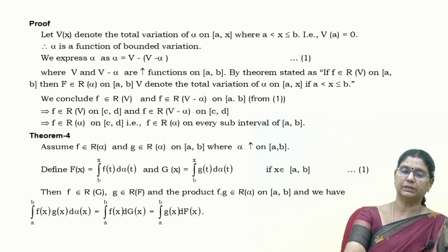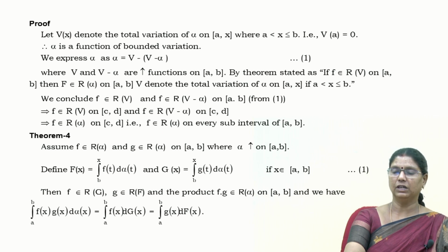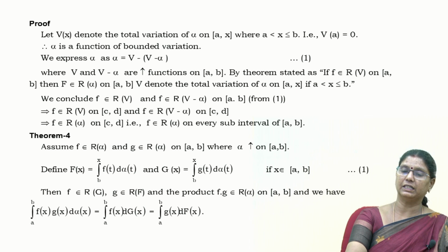We use it to express alpha as alpha equal to V minus (V minus alpha). Here V and V minus alpha are both increasing functions on the closed interval [a, b], and by a theorem already proved, the difference of two increasing functions is also an increasing function.